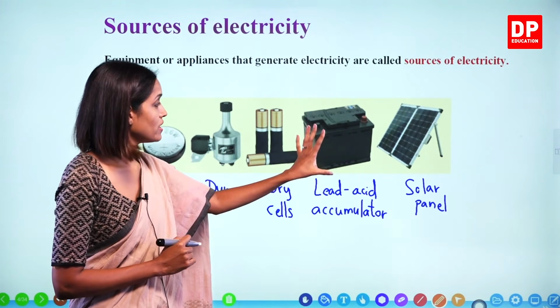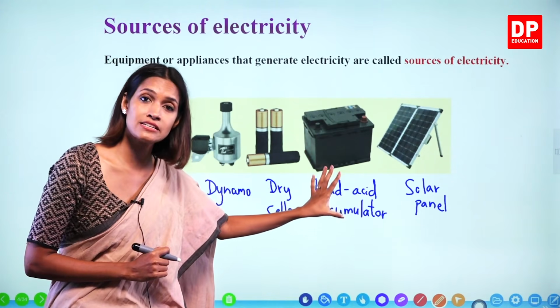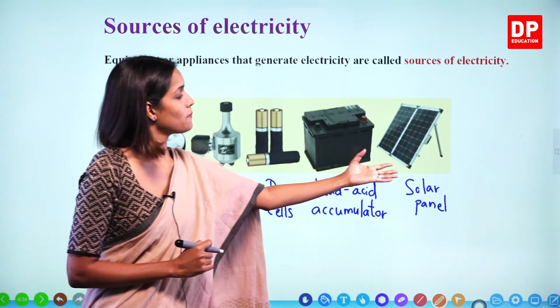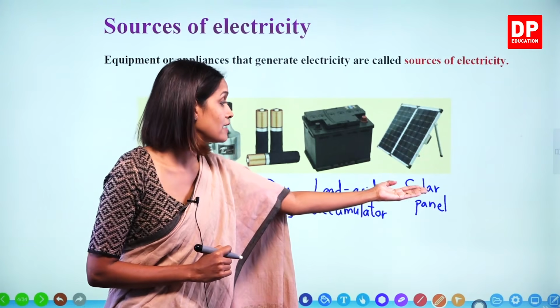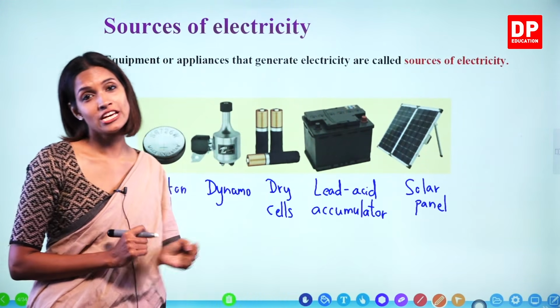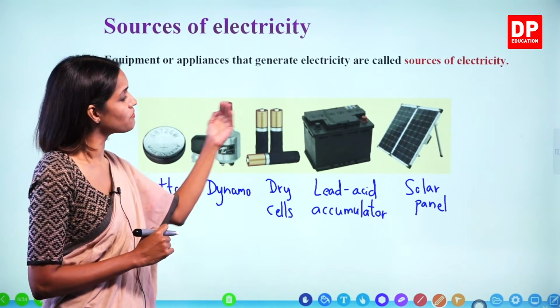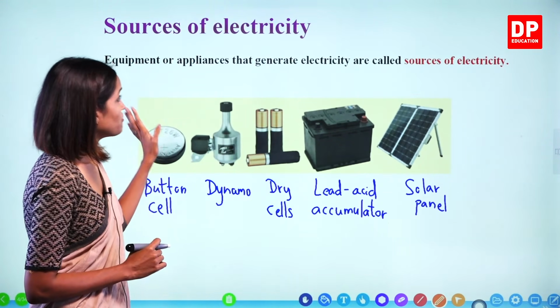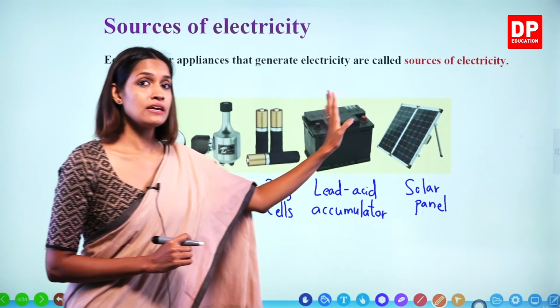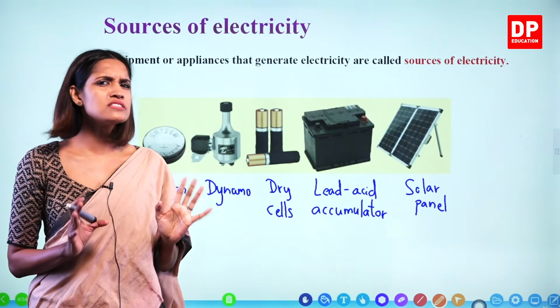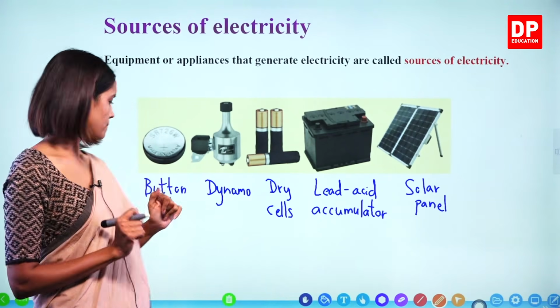This vehicle battery can generate electricity because of chemical reactions. What about the solar panels? Solar panels can generate electricity by converting solar energy to electricity. It means the way they generate electricity is different. So there are different sources of electricity, but the way they generate electricity is different. We will see what are these methods now.